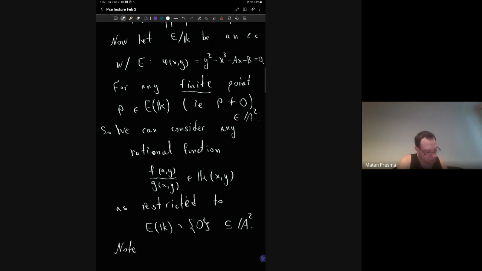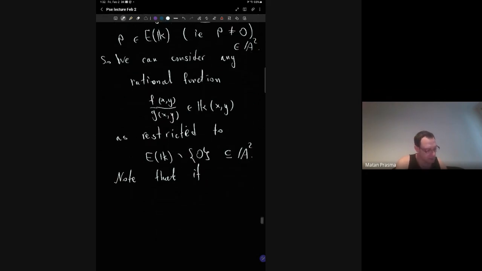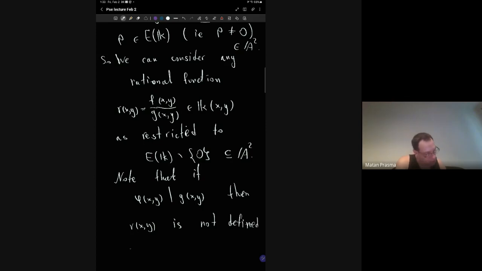Now note that if phi divides the polynomial g(x,y), then this rational function R is not defined on any point in the elliptic curve minus the point at infinity, right?